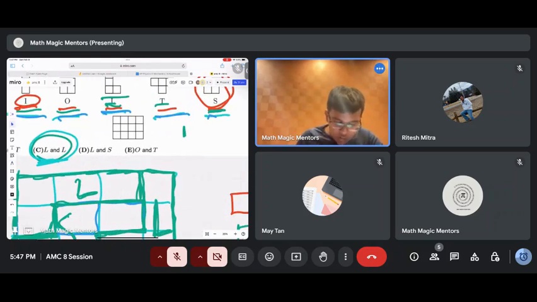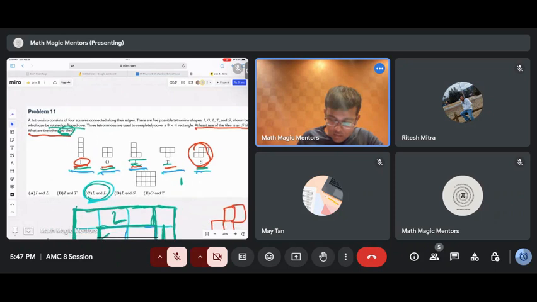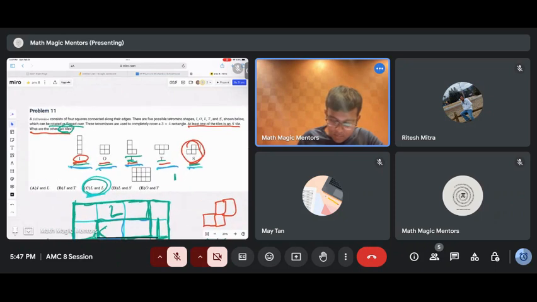But you see, two S tiles wouldn't actually work. And this is because you need to read the problem statement. The problem statement clearly says things like logically means that there must only be one S tile.